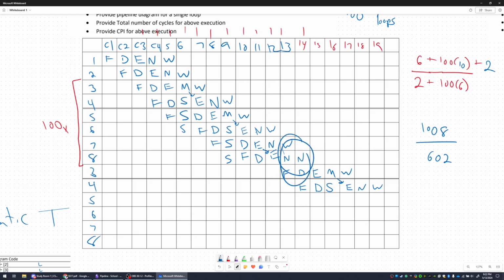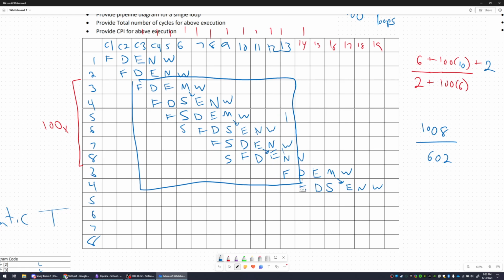And we don't consider these because the next loop has these cycles overlap with these cycles. So it's only actually up to here, this part over here that keeps on looping.